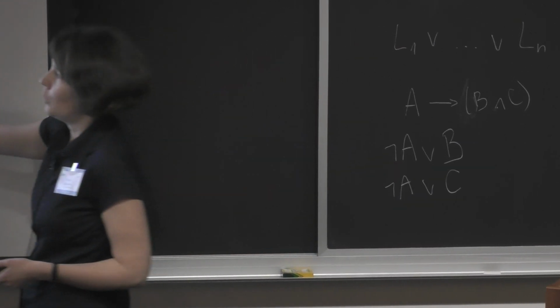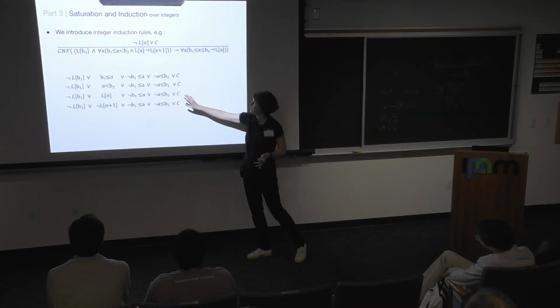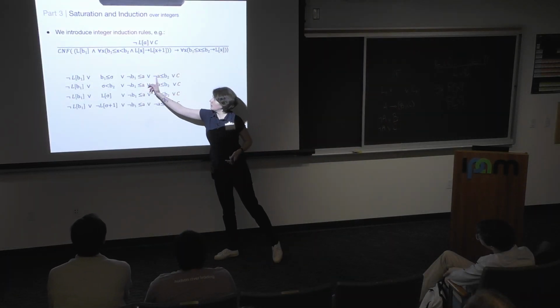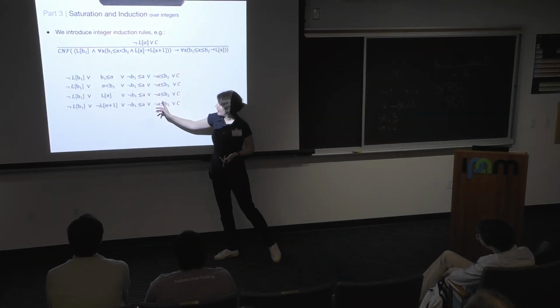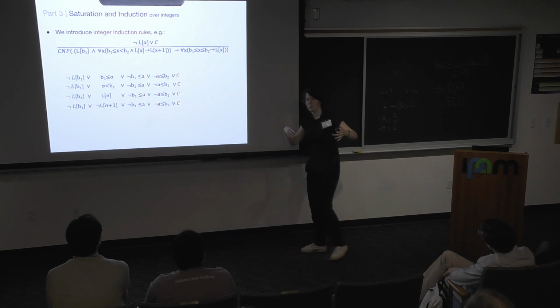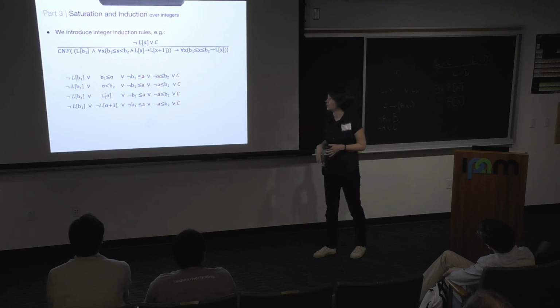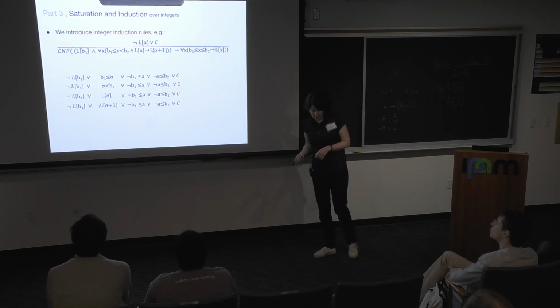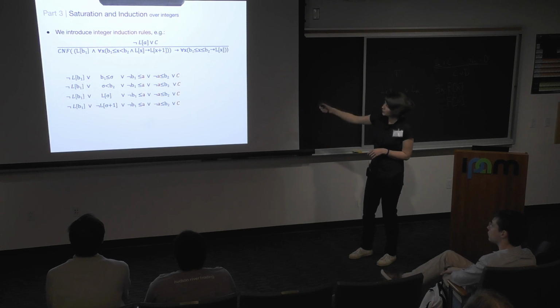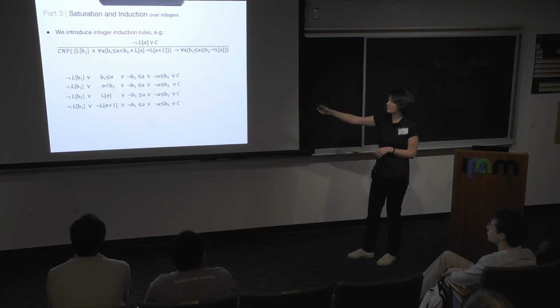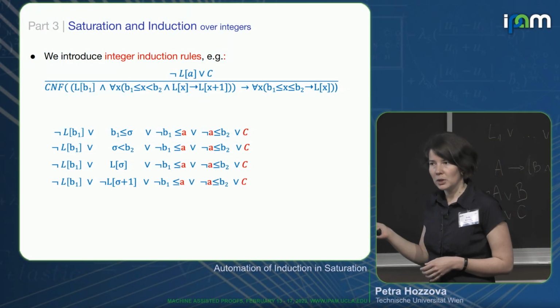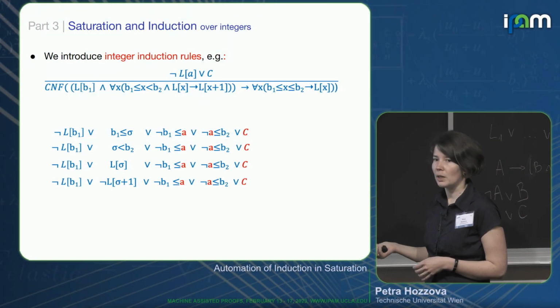So essentially, we're trying to prove that at least one of these clauses cannot be satisfied. These literals here with the A's can be satisfied if A is outside of the bounds B1, B2, so if it is either smaller than B1 or greater than B2. So to be able to derive False from these clauses, we actually have to have A which is within those bounds. And this actually gives us a recipe of how to choose B1 and B2.